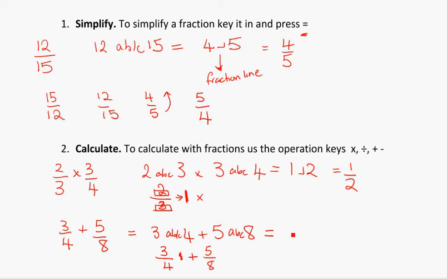Now you'll get an answer that looks like this: 1, backwards L, 3, backwards L, 8. The last two are always the fraction, and the first one is the whole number. So that reads 1 and 3/8.